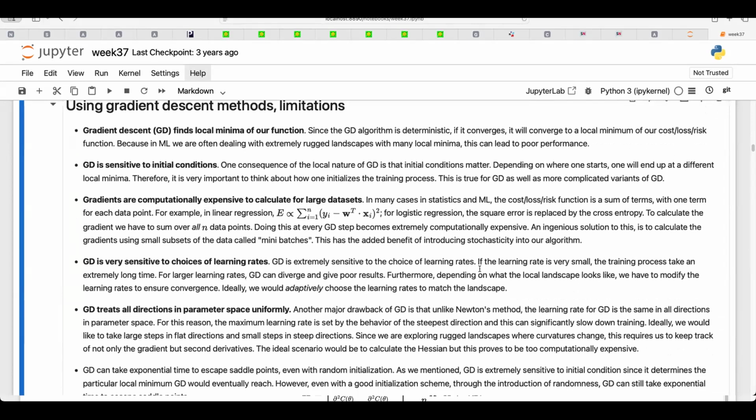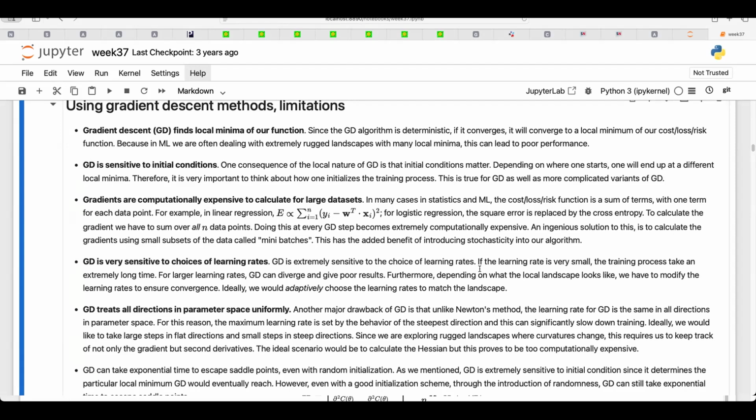So in the weekly slides, you will also find a short summary of these gradient descent methods. And the gradient descent, as you saw from that example, with a fixed learning rate is very quick and easy to implement, but it has many drawbacks. And the algorithm, if it is deterministic and if it converges, will converge to a local minimum.